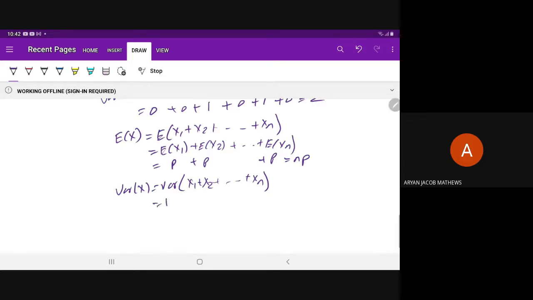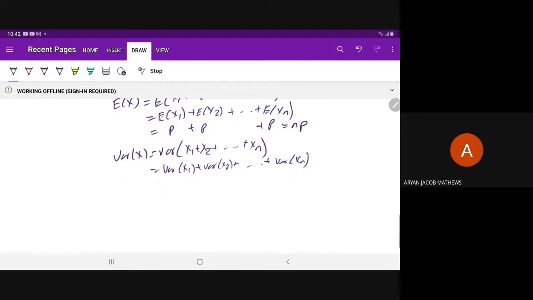So this will give you variance of X1 plus variance of X2 plus variance of Xn. For the Bernoulli variate, we know the variance is pq, so it will become npq.